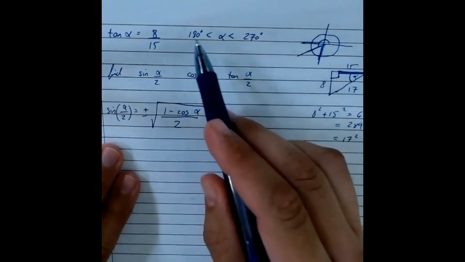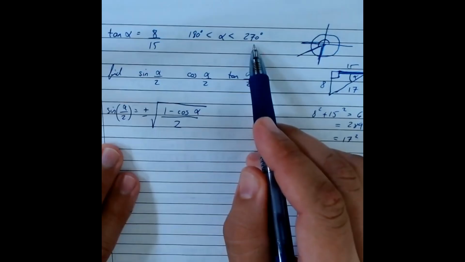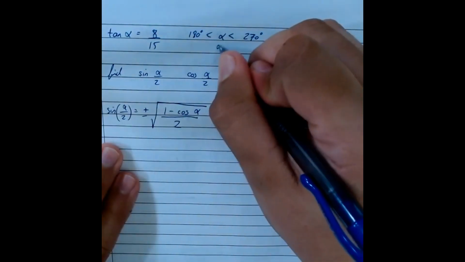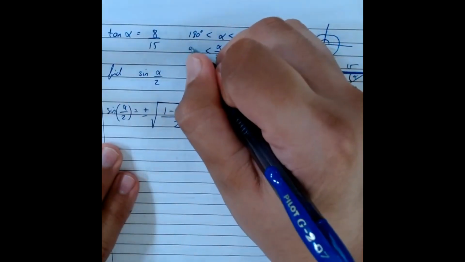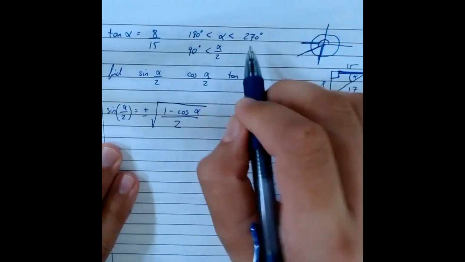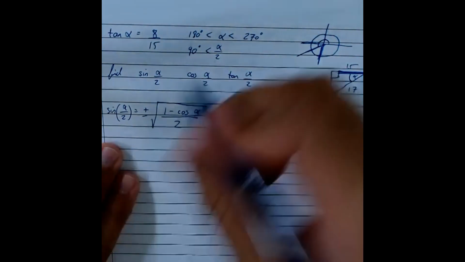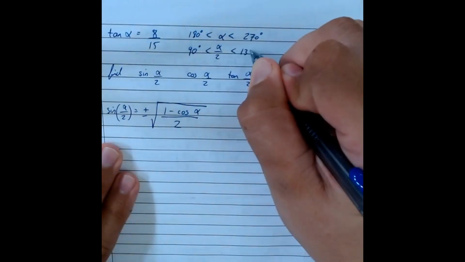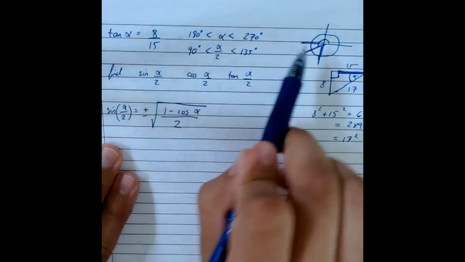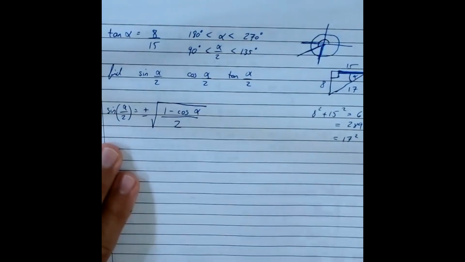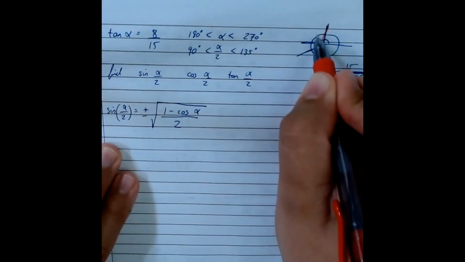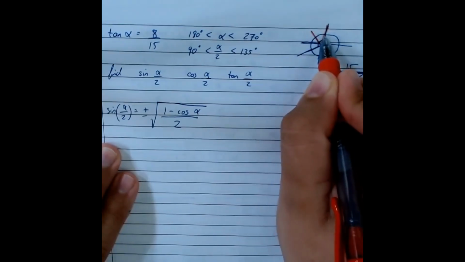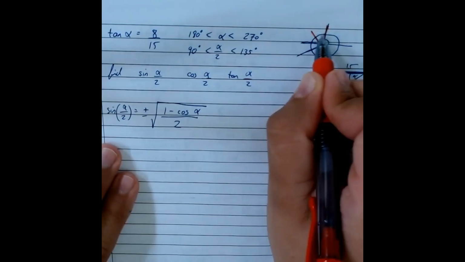Well, alpha is between 180 and 270. If I cut it in half, half of 180 is 90, and half of 270 is 135. So if the angle alpha is between 180 and 270, that means the angle alpha over 2 would be between 90 and 135. So it would be over here in quadrant number 2.